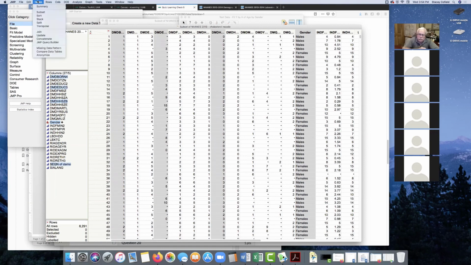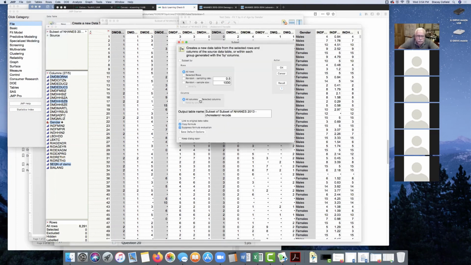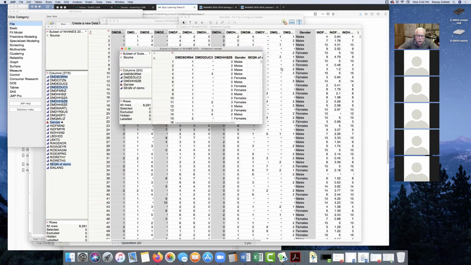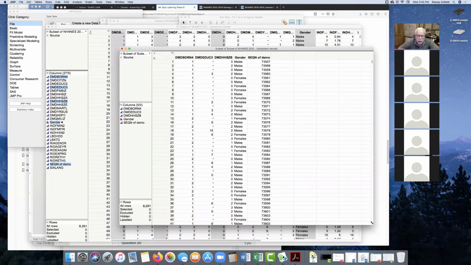Then just go to the tables menu and subset. Make sure here you click selected columns, and then press OK. Now you have a data set that has only the columns you need.